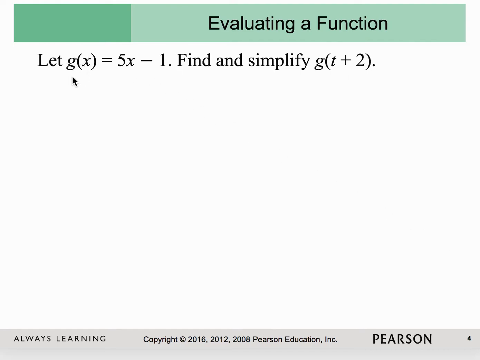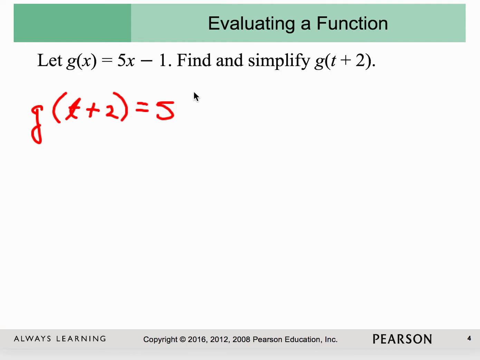Here's g of x, and by the way, if you have more than one function, you could call it f, g, h. It doesn't have to be f of x. You might see g of x, but I just have to recognize what this notation means. Find and simplify g of t plus 2. Into the function g, everywhere there's an x, I'm going to put t plus 2.